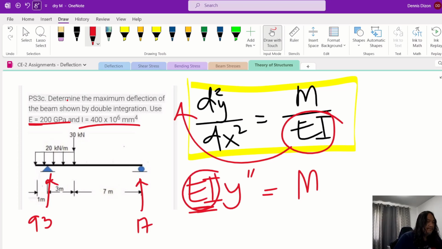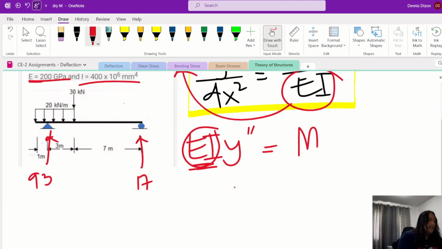But even when I was still a student in the university, I've never seen a problem with different flexural rigidity. So on this one, the modulus of elasticity and the moment of inertia are constant, so for now we can just disregard this constant. Then we will apply it when we finally calculate the deflection.